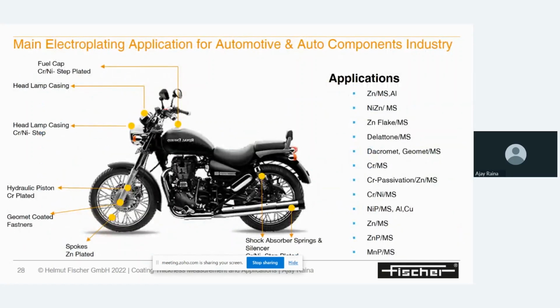Coming to the automotive and electronic auto component industry, from the figure itself, we can see most of the components are coated now. Application wise, zinc coating is done on the cap, so that can be checked with XRF. The spokes are zinc plated. The shock absorbers are mostly chrome nickel step coated, so they can be checked with the CMS instrument as well as the XRF instrument.